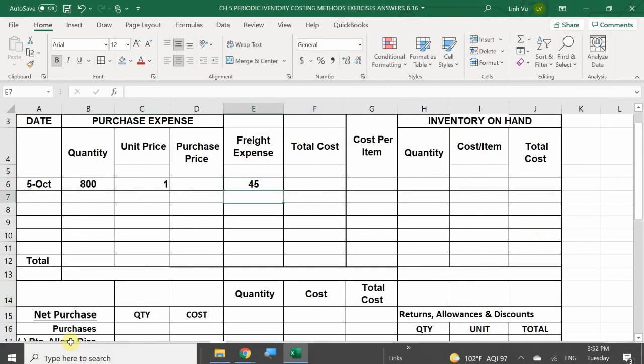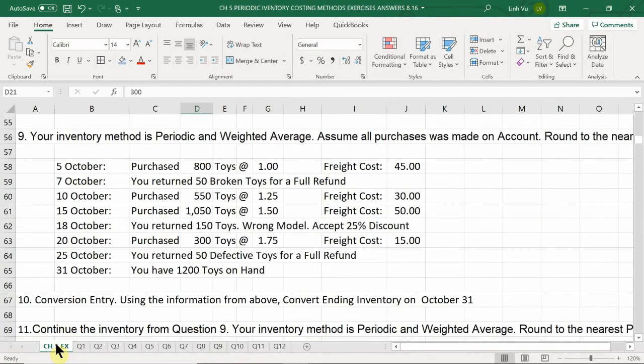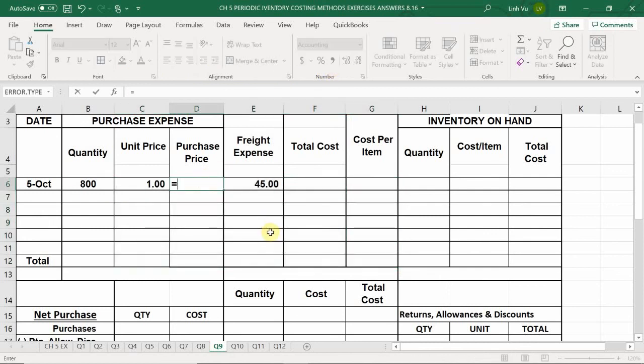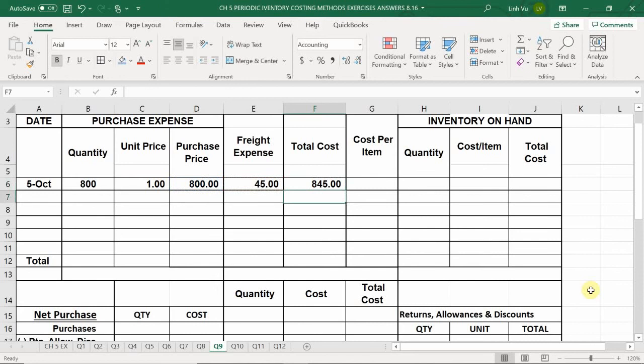So what's my purchase price here? 800 plus 45. 845. Right? And in this case, we are doing weighted average.